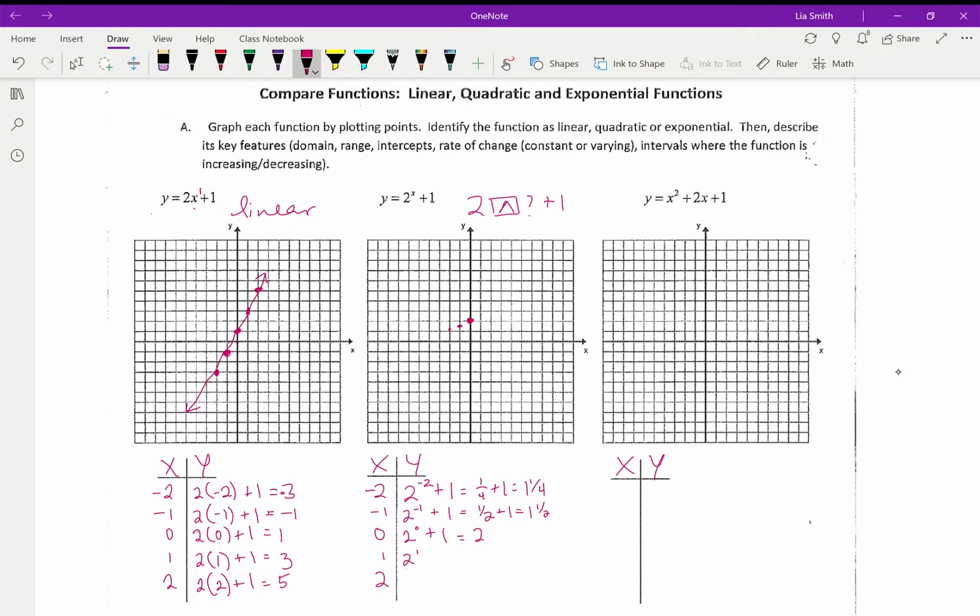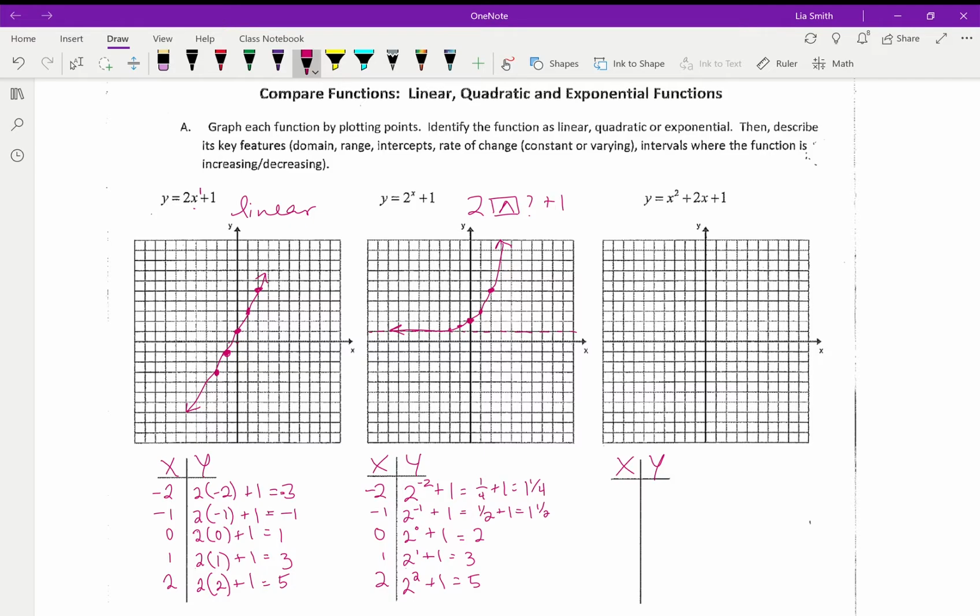Then 2 to the first plus 1 gives me 3, so over 1, up 3. And 2 to the second power plus 1 gives me 5, so over 2, up 5. You want to remember that there's an asymptote here, which means we're never actually going to touch this line. So when we draw this graph, it's just going to go off to the side.